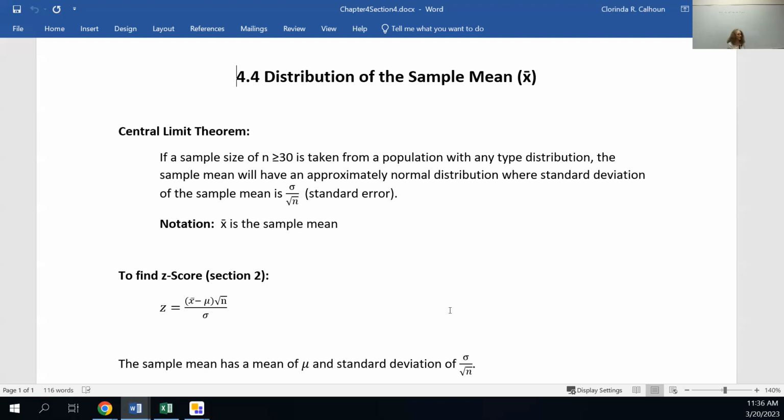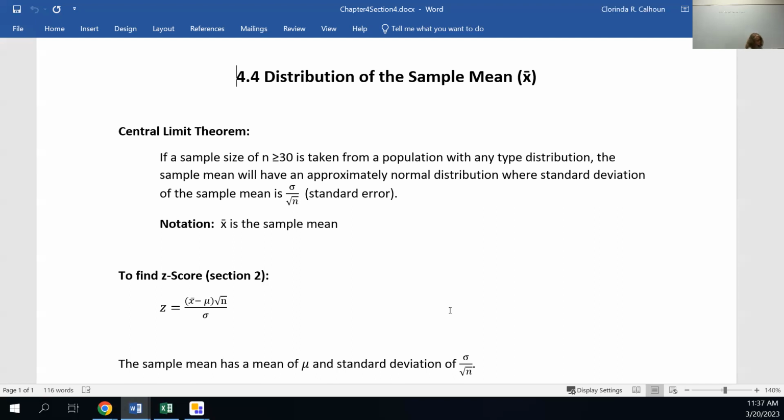We are going to have our population mean, but then we're going to have a sample that we're going to pull out. And out of that sample, we're going to say this is the sample mean. So instead of having a value that's called X, we're dealing with X bar being the sample mean.